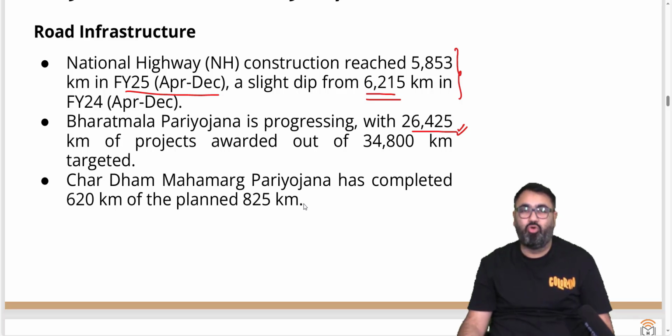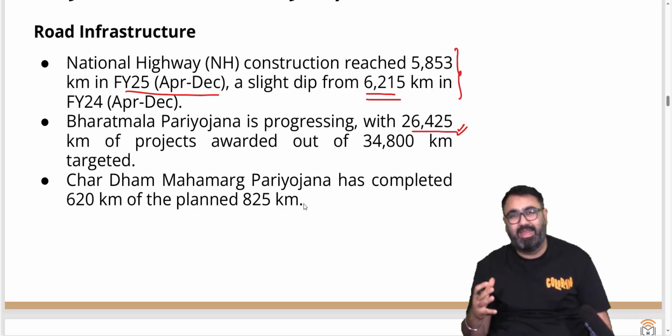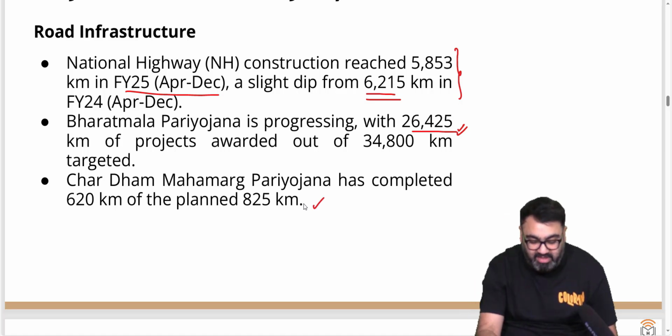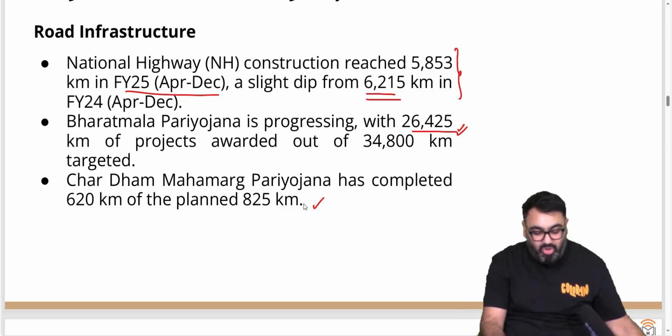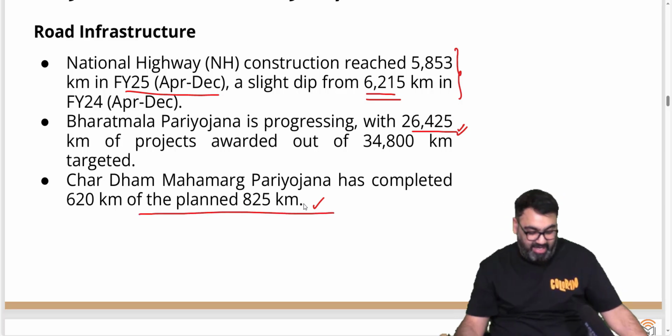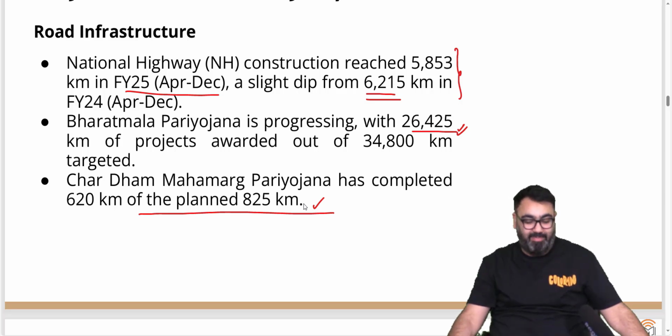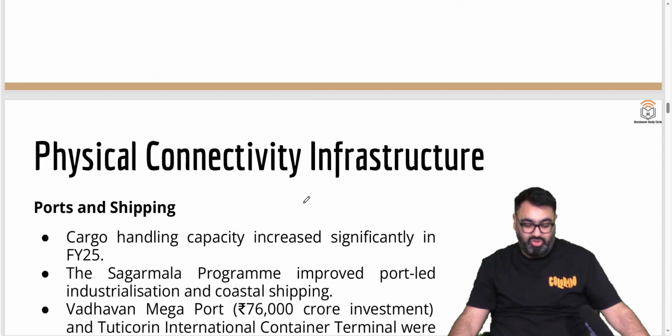The government has also been focusing on connecting important places such as Char Dham with these roads. So Char Dham Mahamarg Pariyojana has completed almost 3/4 of this entire length. So out of 825 kilometers planned, 620 kilometers have been completed in the Char Dham Pariyojana.